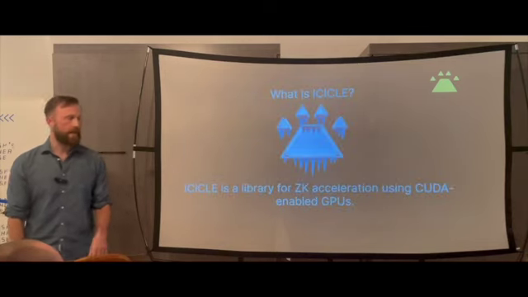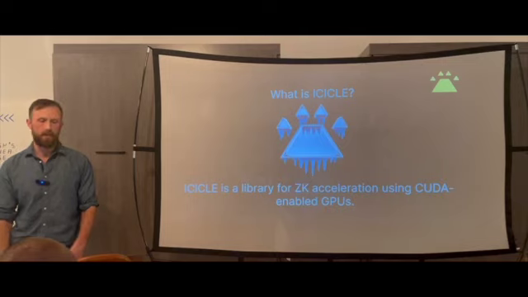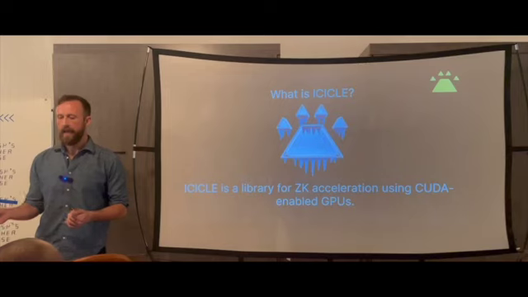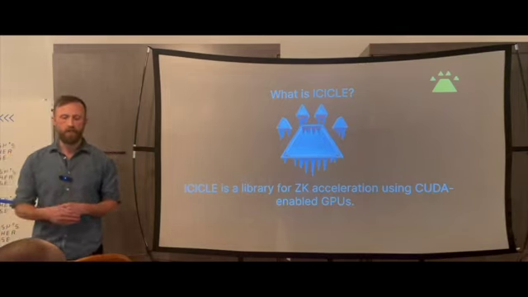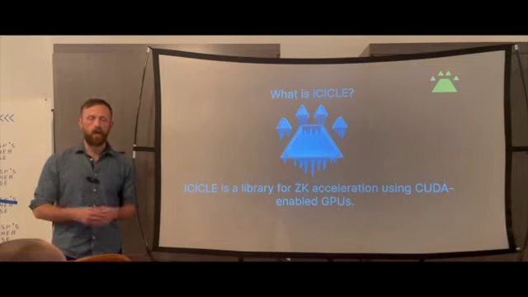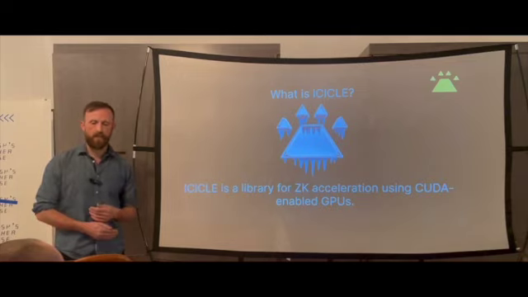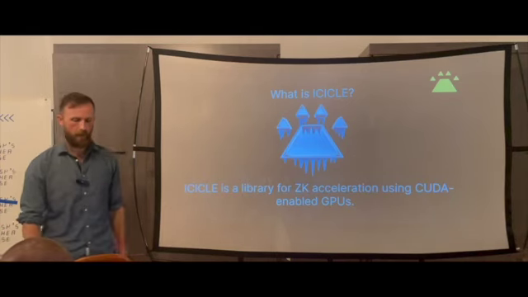What is Icicle? Icicle is our library for ZK acceleration using CUDA-enabled GPUs. CUDA programming, if you're not familiar with it, is basically C++ with a few additions from NVIDIA, and it's relatively low level. So Icicle exposes the low level CUDA functionality, and then we have added wrappers on top.